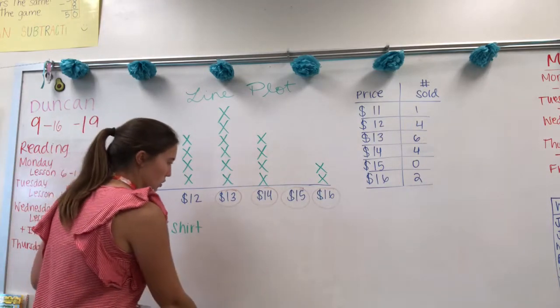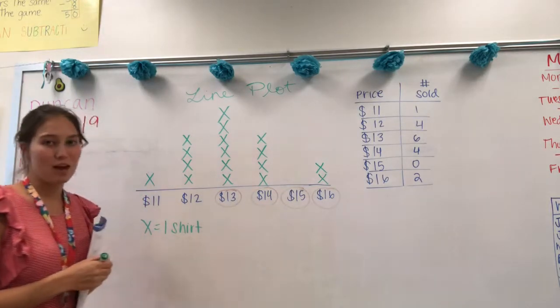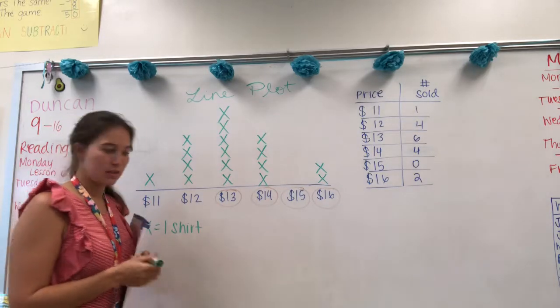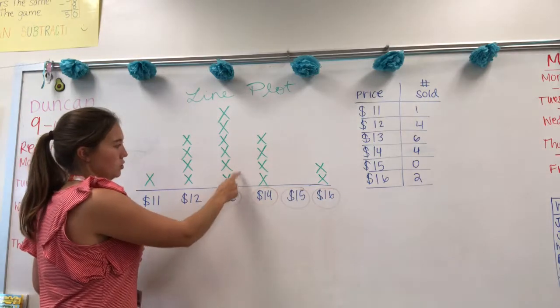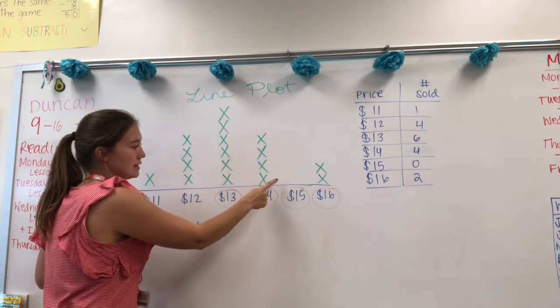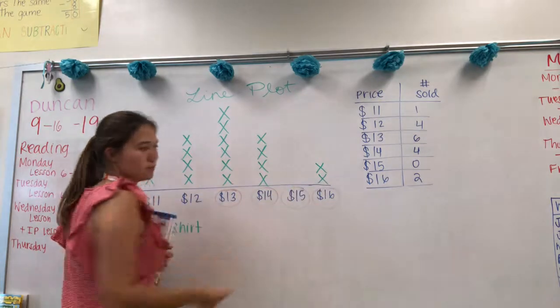So now I'm going to do addition. But really, I'm just going to count because I think that is easy to do when we have these X's. So one way I could do it, I could count for my line plot. 1, 2, 3, 4, 5, 6, 7, 8, 9, 10, 11, 12.